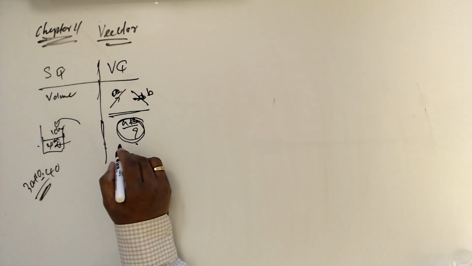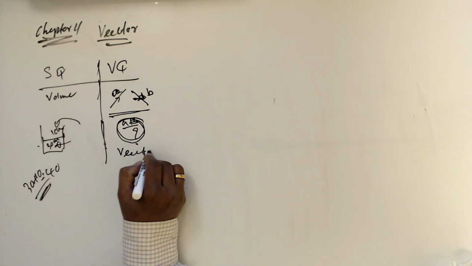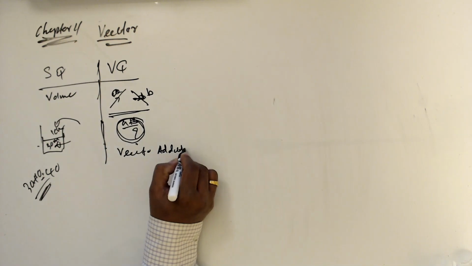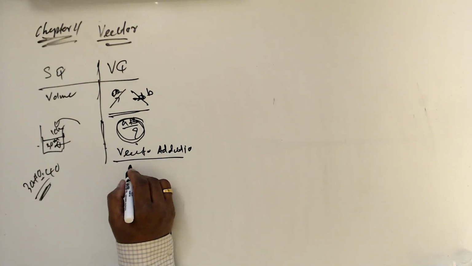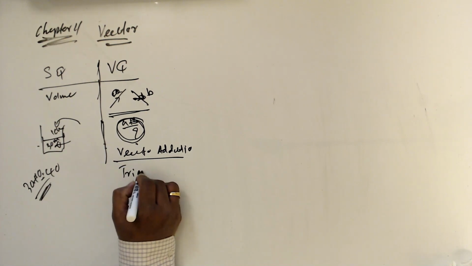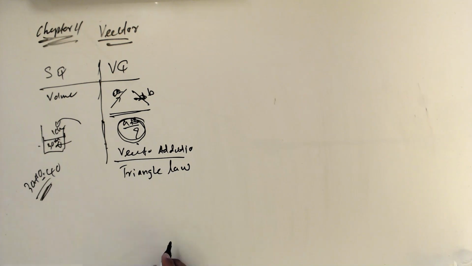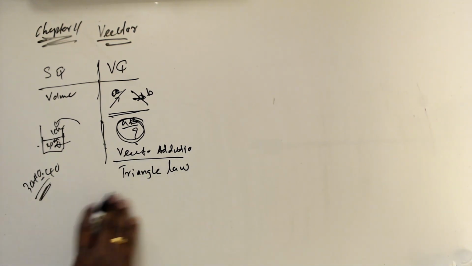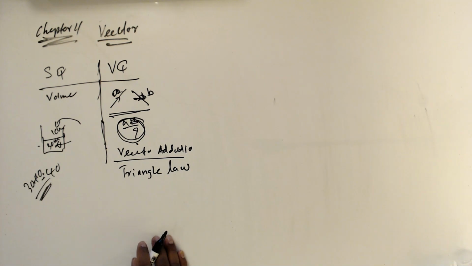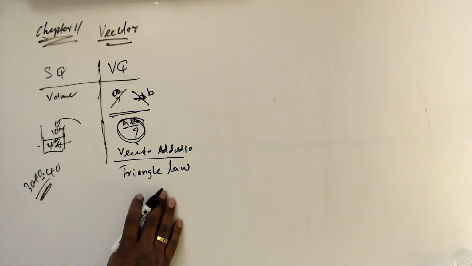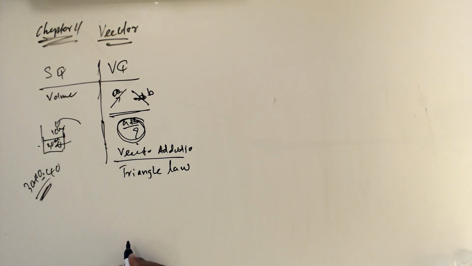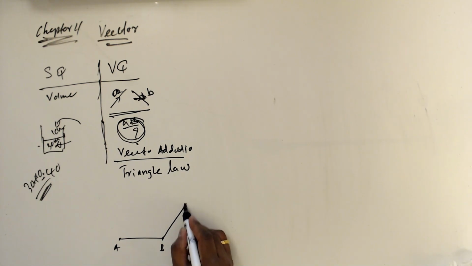So that is where vector addition under triangle law comes in. What is the vector addition of triangle law? It means to add two vectors, you need a triangle. Assume we have a vector like this, AB, then another vector like this, BC.